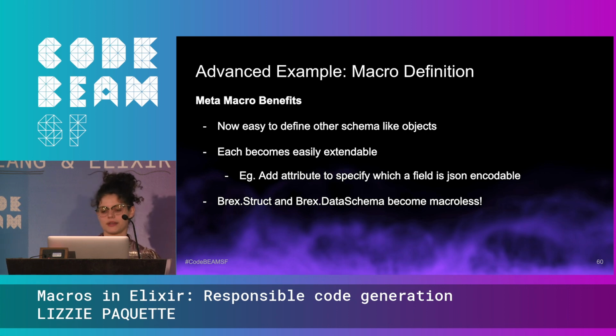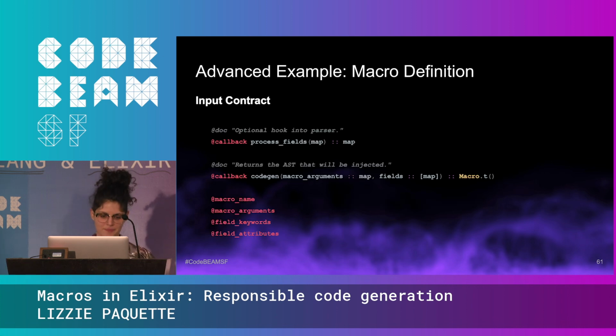So, for example, we thought, what if we wanted to add another field attribute, which let us specify if a field is JSON encodable or something? Then we could add that easily. And of course, with a meta macro, Brex struct and Brex data schema become macroless. So it's sort of like defining another DSL, but because we're doing that, it becomes very easy to define your macros. So how did we do it?